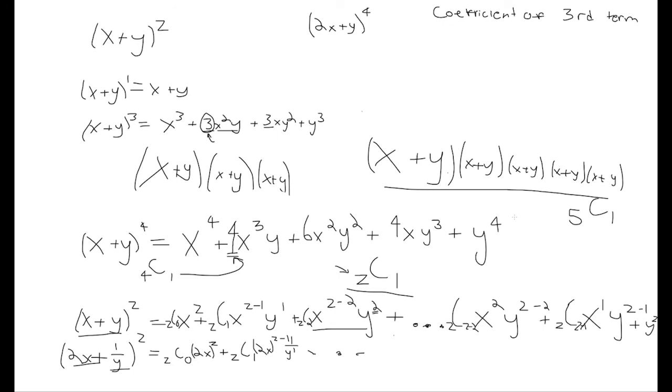So we would know that the coefficient of the third term would be z choose 2, because we know the first term would be z choose 0, the second term would be z choose 1, so the third term would be z choose 2, right?